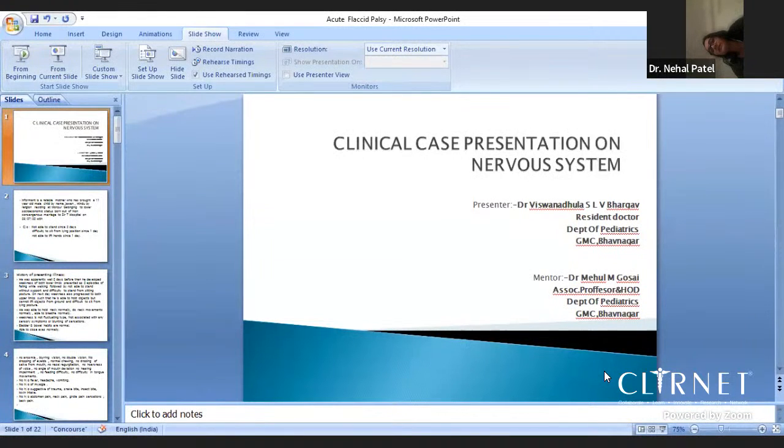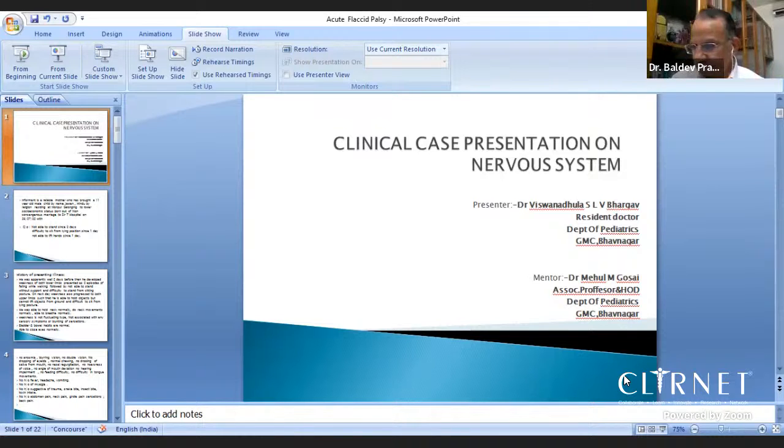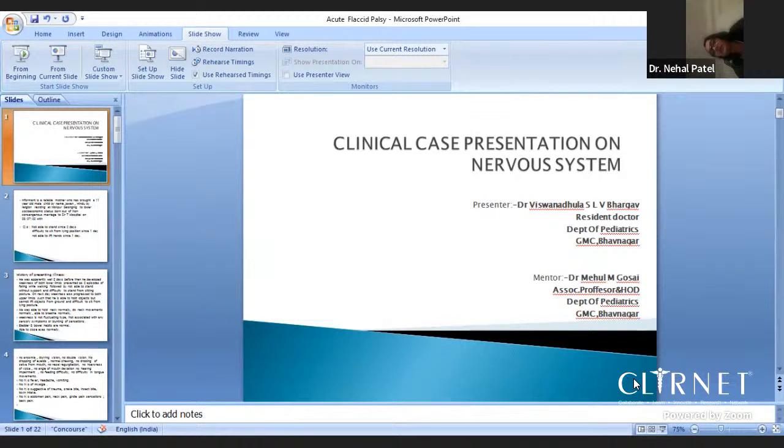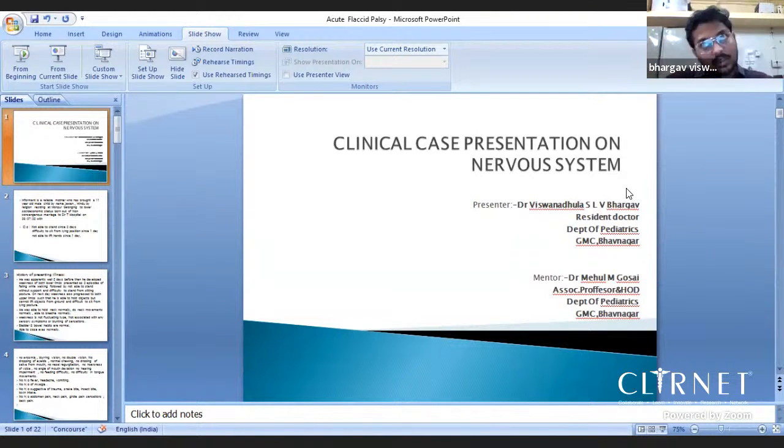She was President-elect 2022 in West Bengal Academy of Pediatrics, and she was the President of the Association of Pediatric Neurology, Bengal, from 2015 to 2022. She is Chairperson-elect 2022 in the Academy of Pediatric Neurology and Vice President in West Bengal Academy of Pediatrics. She is an EB member of the West Bengal Academy of Pediatrics and in 2017, and the Neurology chapter in 19.